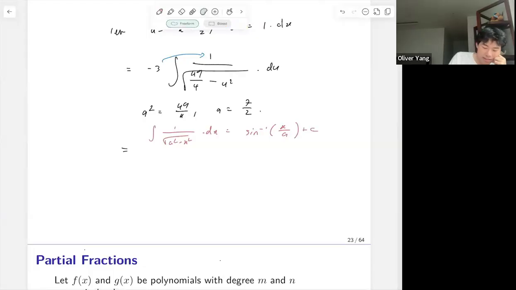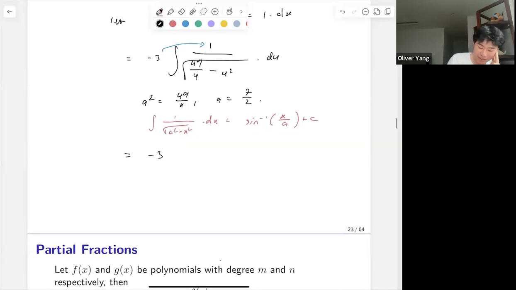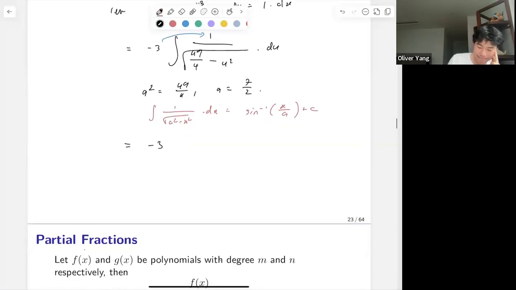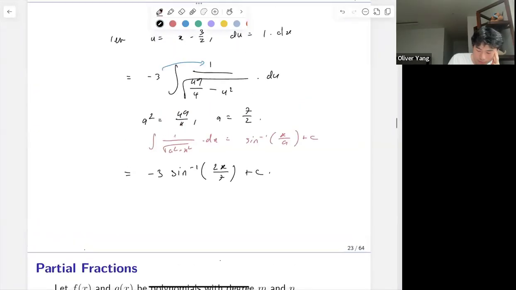So we're just going to solve this in. This becomes sine inverse of 2u on 7. So that's how you would do this one.